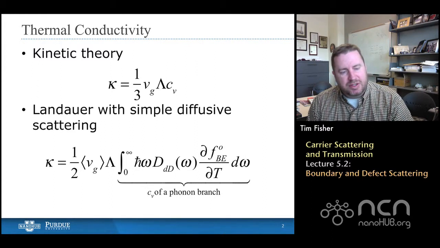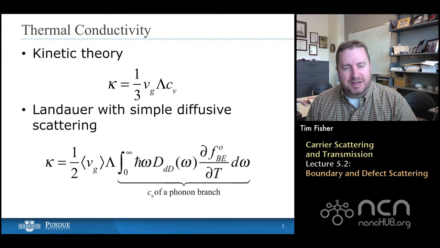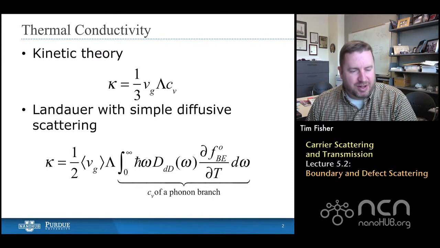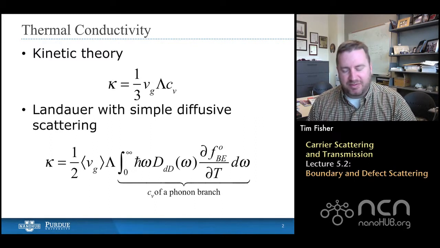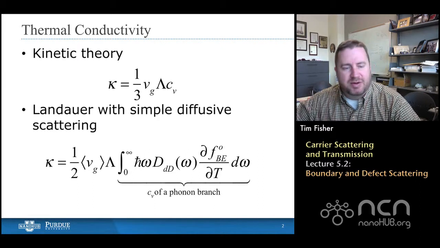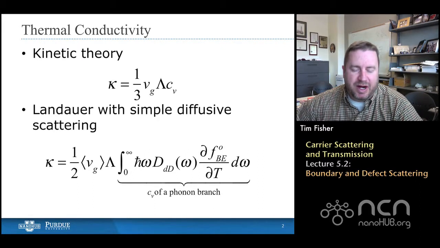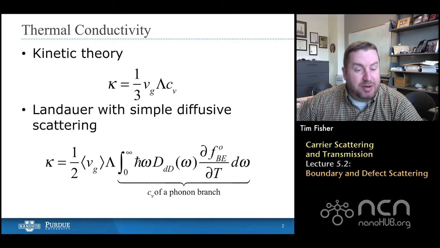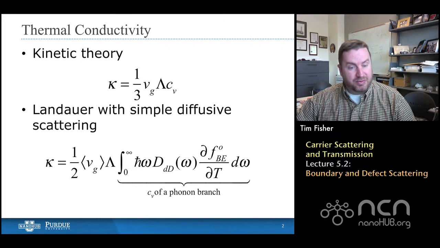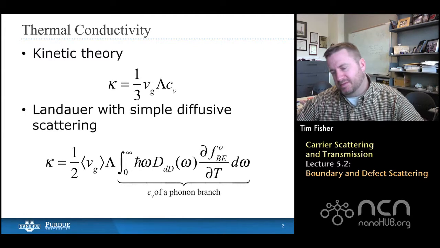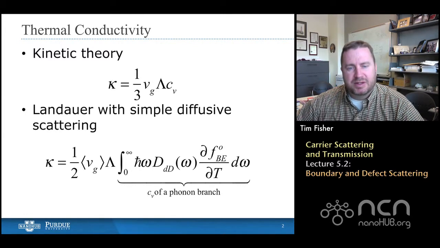And when we did that, we showed that generally speaking, the form of the thermal conductivity expression is similar to what we found for kinetic theory. So that gives us, I hope, a little bit of confidence that we're on the right track. But one thing that happened when we did that is that we had a very simple model for the mean free path, and we're going to start to build up into some more complex models this week.